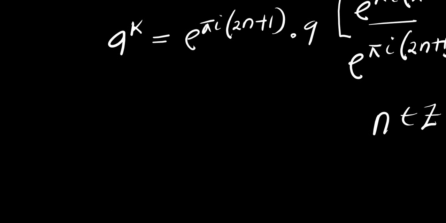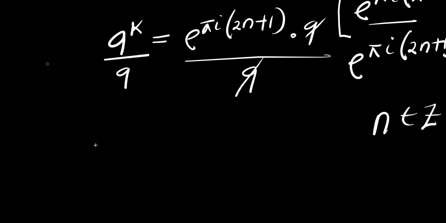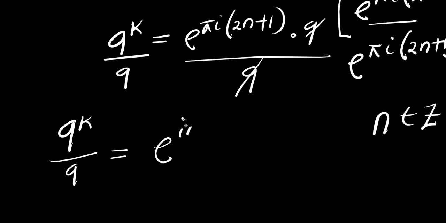So from here, I can apply natural log, or I can decide to divide this by 9 and divide this by 9. 9 eliminates 9, so I have 9 power k divided by 9 equals e power I times pi, the same thing as pi times I, times 2n plus 1.